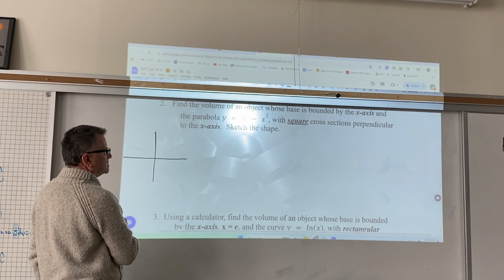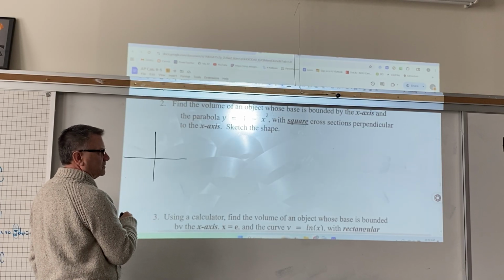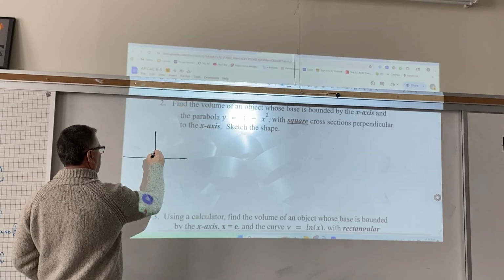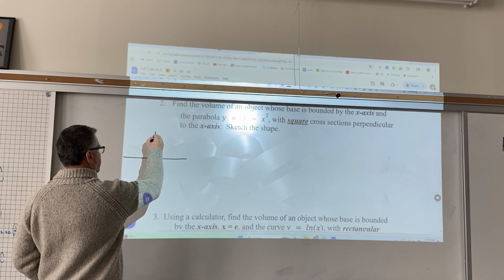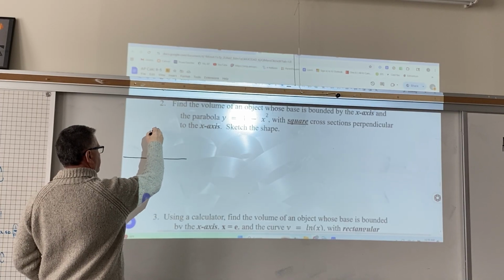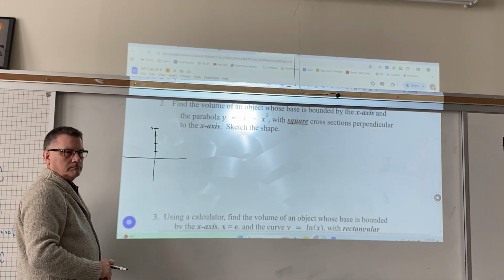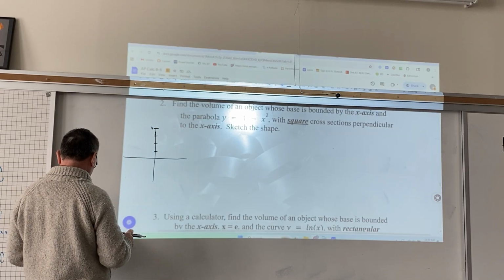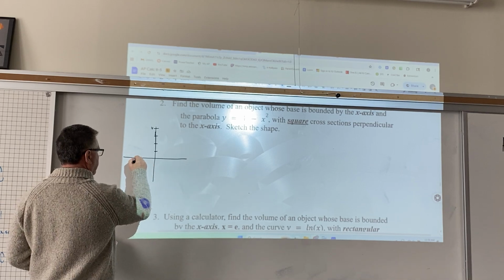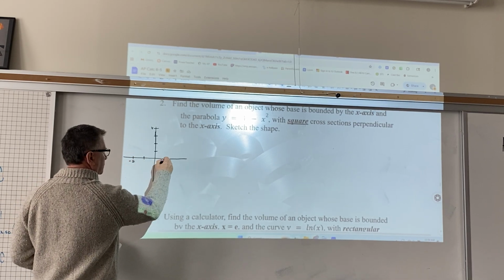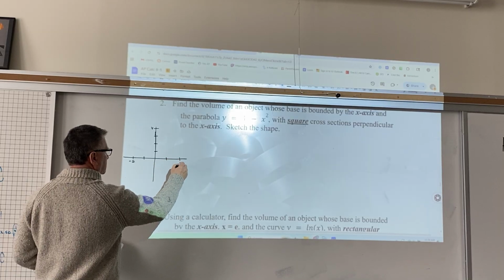It doesn't have to be a perfect sketch. 4 minus x squared, or minus x squared plus 4. Well, that's gonna look like this. And then it's gonna hit -2 and 2.